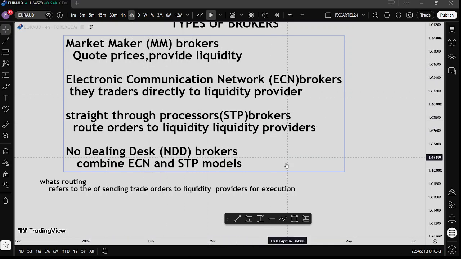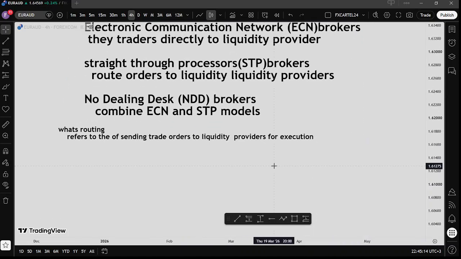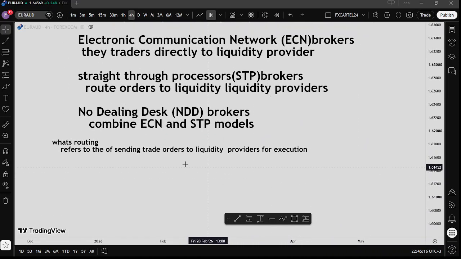So routing: if you press a button to buy, it is routed. The system routes it very fast, in microseconds, to liquidity providers to be executed. An order is a trade order sent by you.